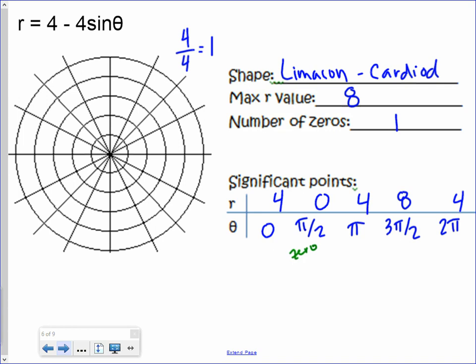I would plot those points: 4, 0; 0, pi over 2; 4, pi; and 8, 3 pi over 2. I'm going to run off and label it down here.